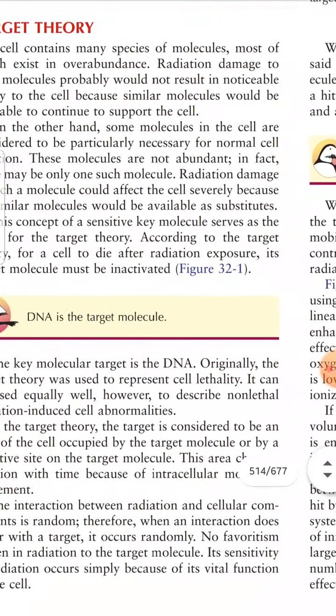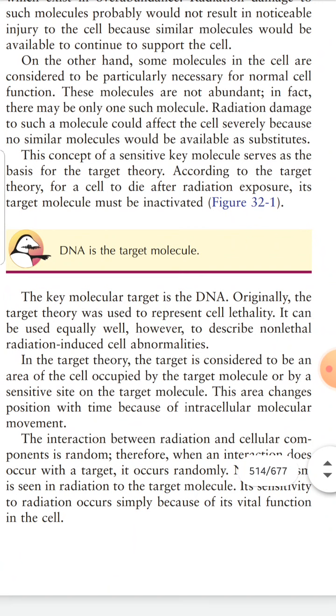The next thing we are going to discuss is the hits. So what basically is a hit? A hit occurs when the radiation interacts with the target. We say that a hit is said to have occurred when the radiation interacts with the target, and these interactions can occur not only with the target molecule, but they can also interact with other molecules as well.